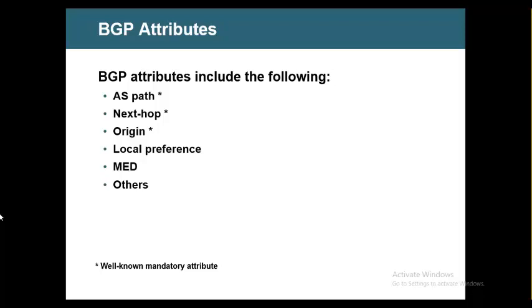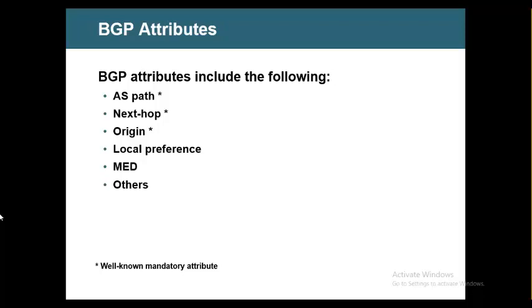AS path is an attribute which is well known to everyone. BGP by name itself is a path vector routing protocol, so you cannot remove the AS path attribute from BGP.